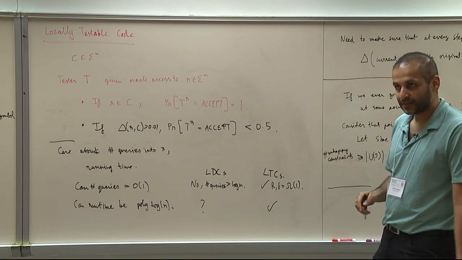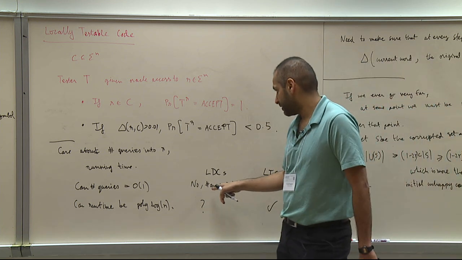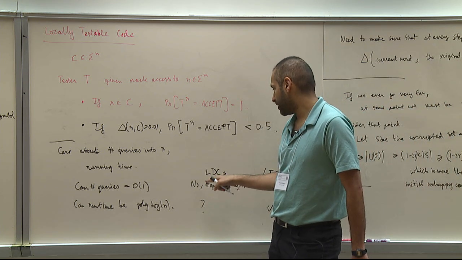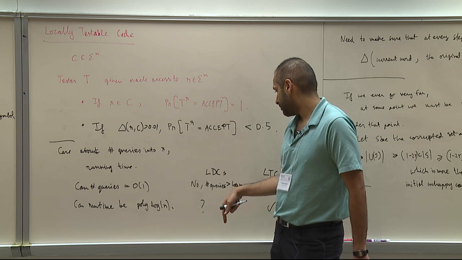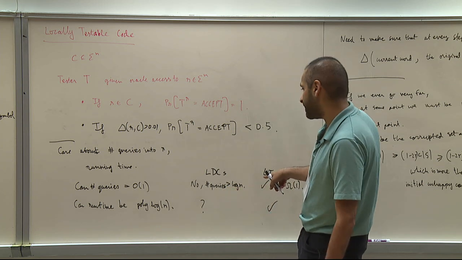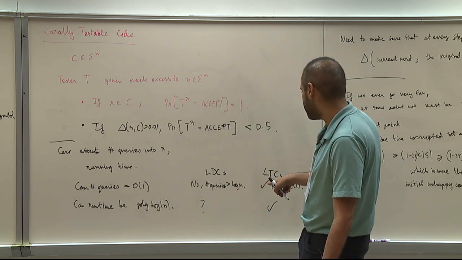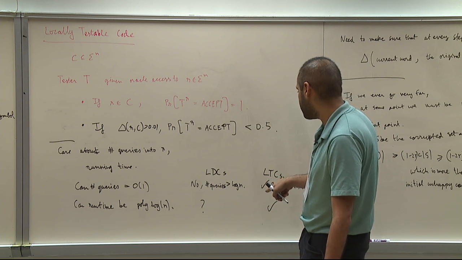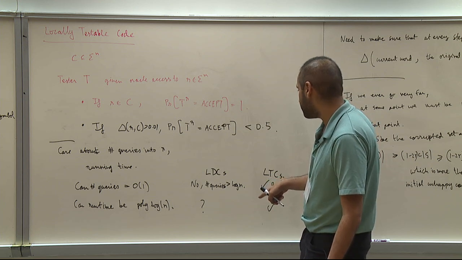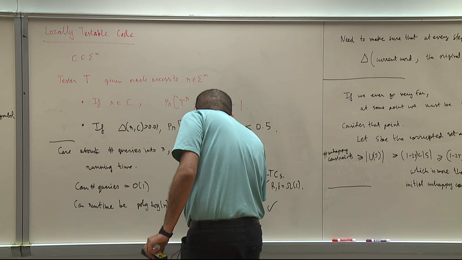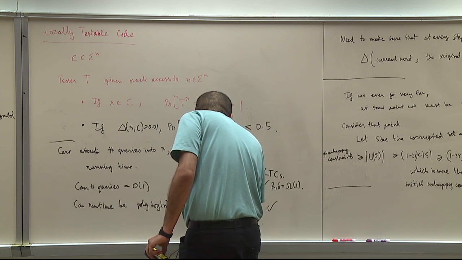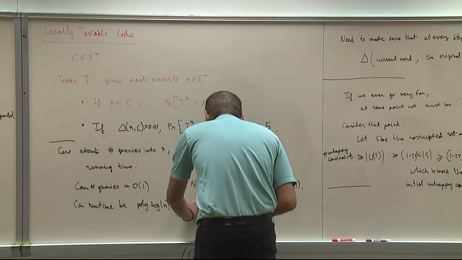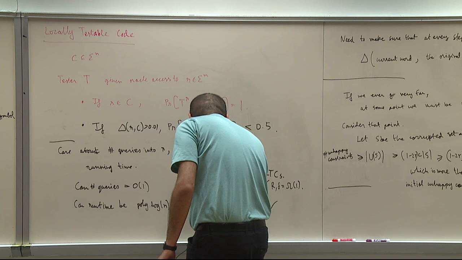Yes, you can. The number of queries can be constant. Wait, I'm sorry, I feel like I said something wrong. You didn't say anything about rate here. Right. So this is no for rate being omega 1. You need the number of queries to be log n.